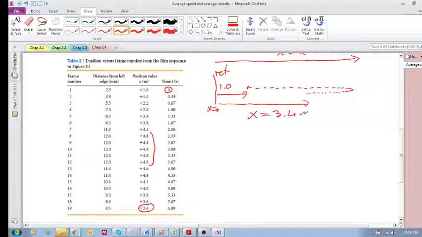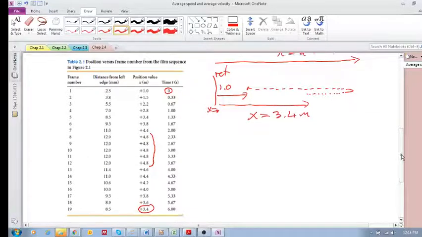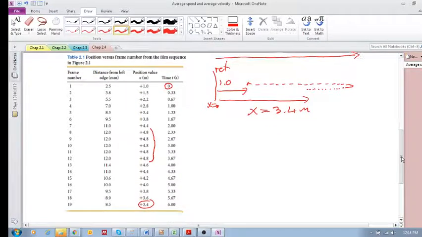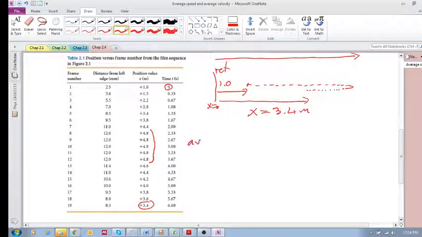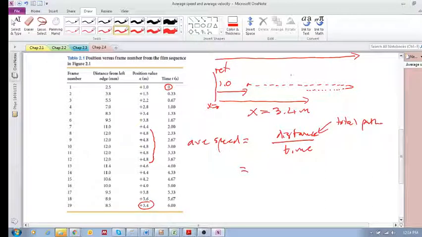Okay, very good. Now, what we need to see here is that the average speed is the distance over time. So what is the distance? Remember, the distance is the total path. So what is the total path?